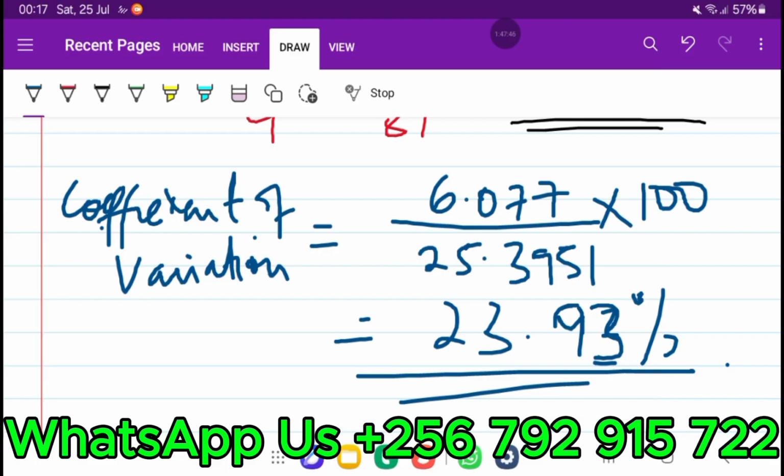And the rest of the items that we have not computed, we are going to have revision lectures where we shall use past papers and try to internalize, because my goal is to look at the past papers and then we do number by number.